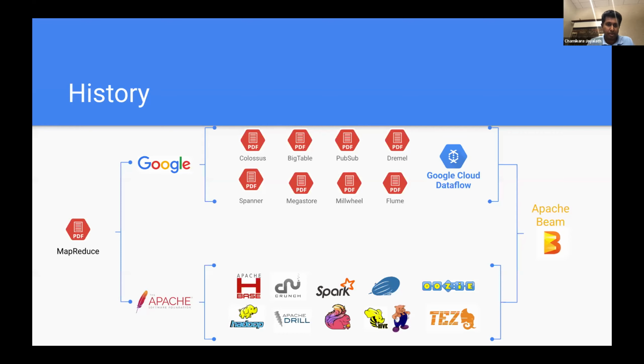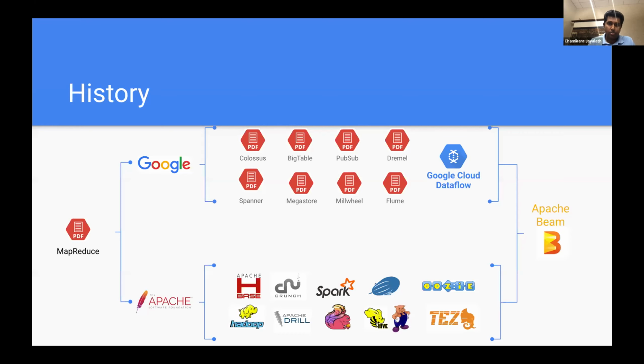MapReduce as a concept has been around for a long time in functional programming, but in 2004 there was this paper where they introduced the concept for distributed programming, where you can simplify your computations to mappers and reducers, and massively parallelize this to process a large amount of data.